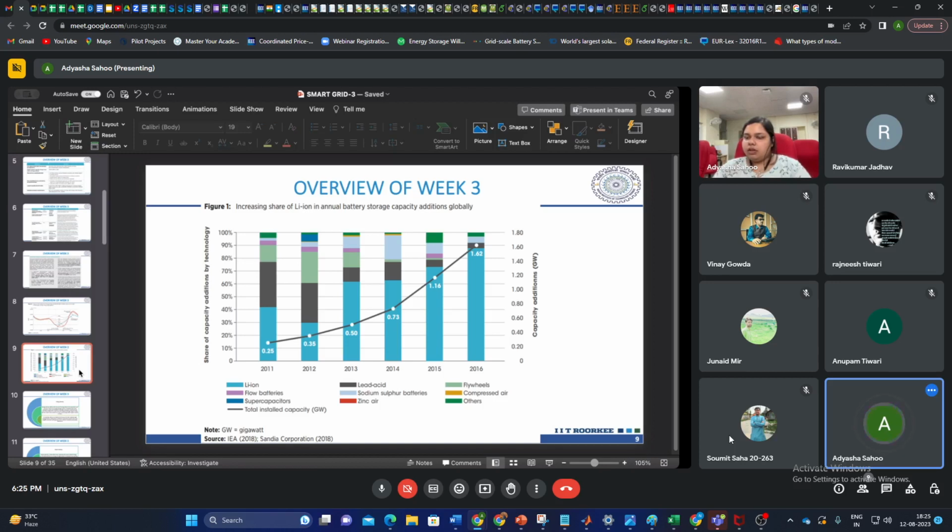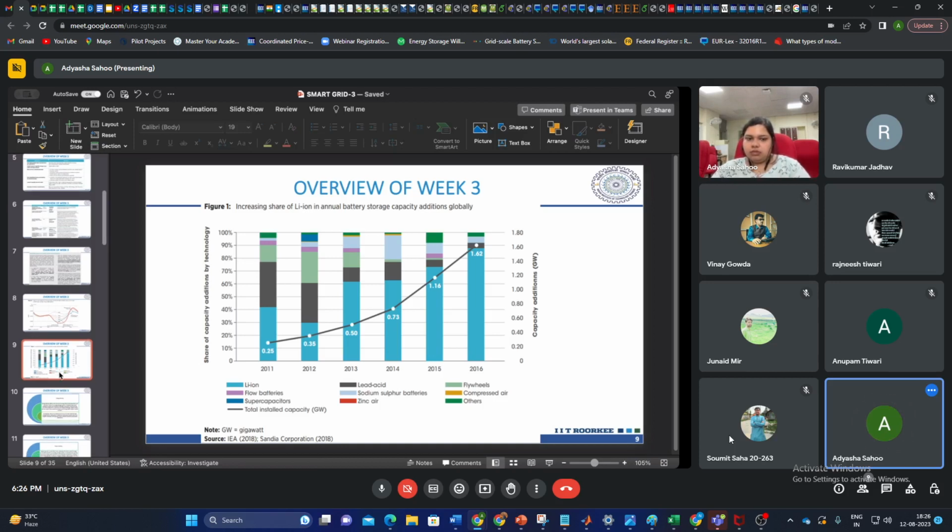We have some storage technologies which are of high energy type and some which are of high power type. So what does it basically mean for a storage to have high energy density? Okay, I think we'll see here.